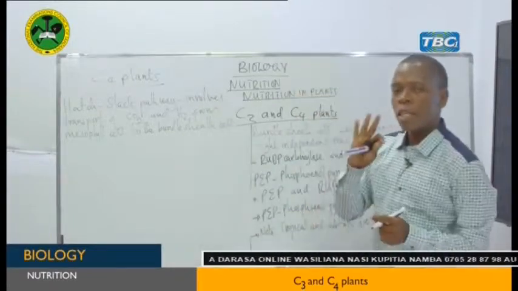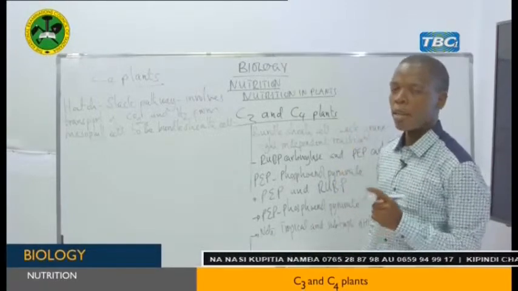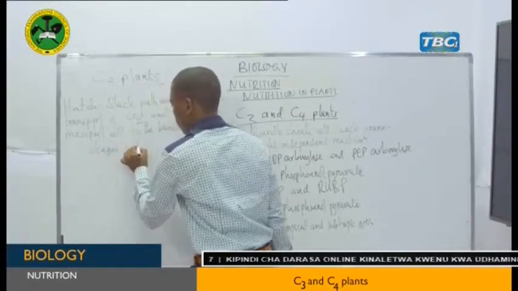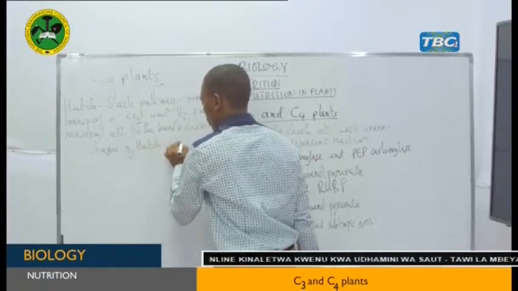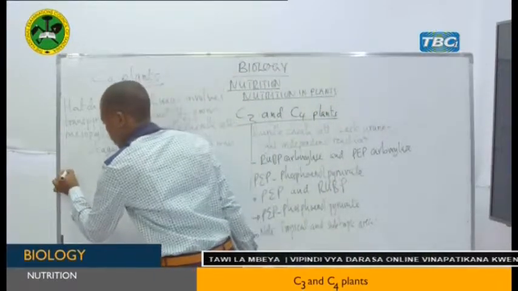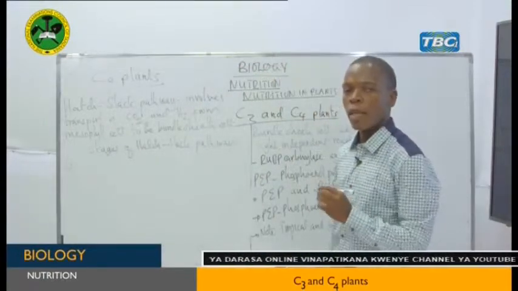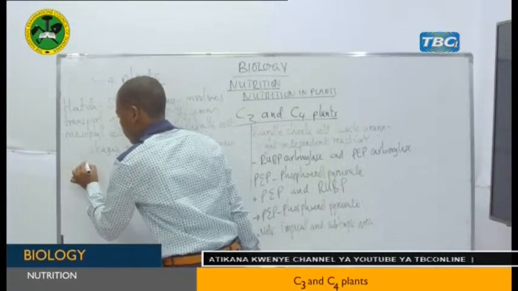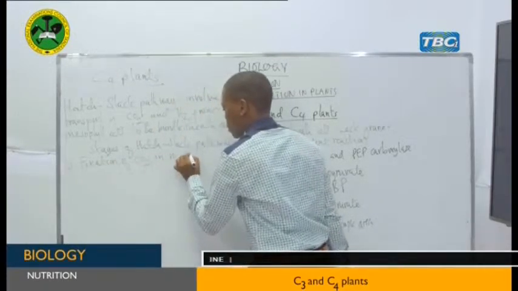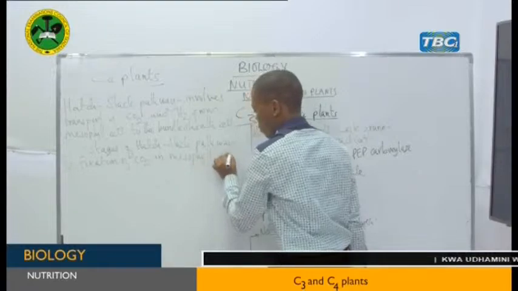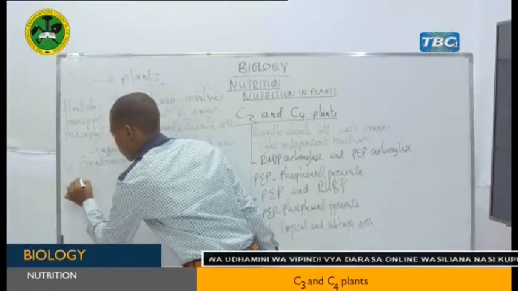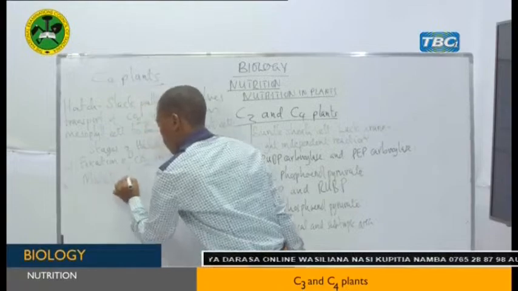This pathway involves four main stages. The first stage is fixation of carbon dioxide in the mesophyll cell. The second stage is malate shunting.